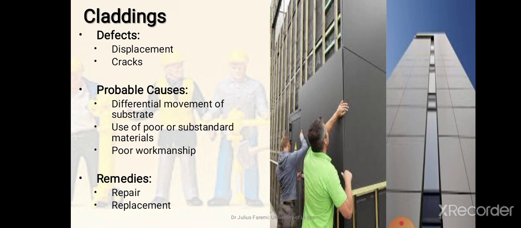Poor workmanship could also result in premature failure of some sections of the cladding installation or in cracks on the cladding panels. For example, the tolerance of glass to movement is very low.